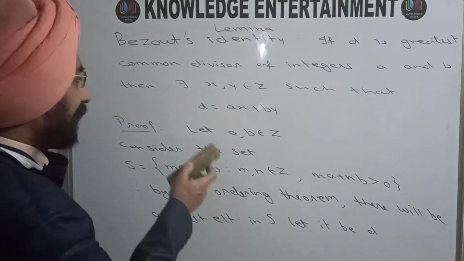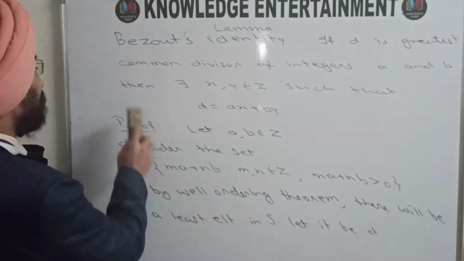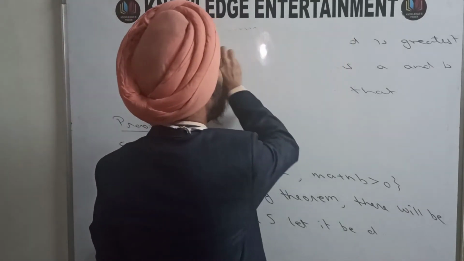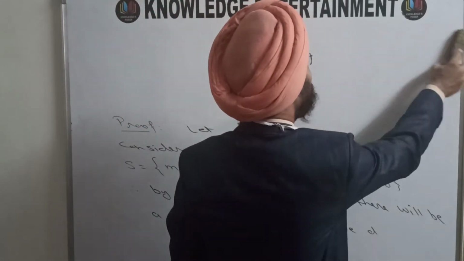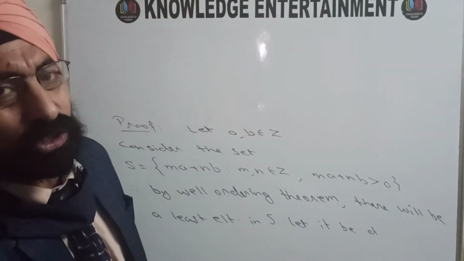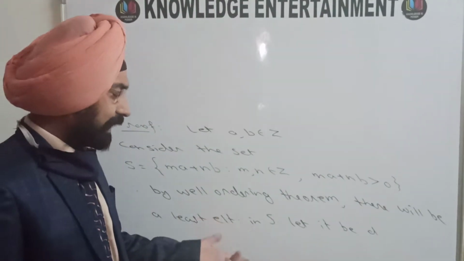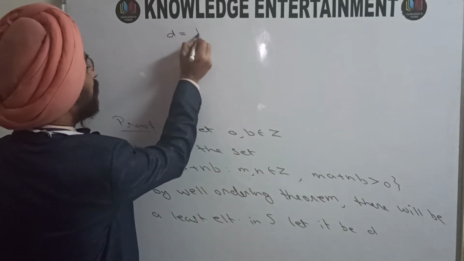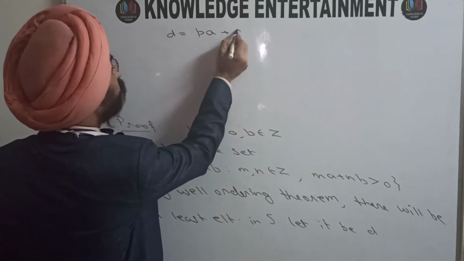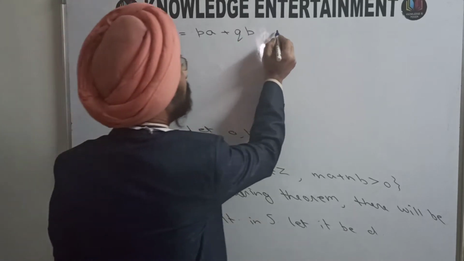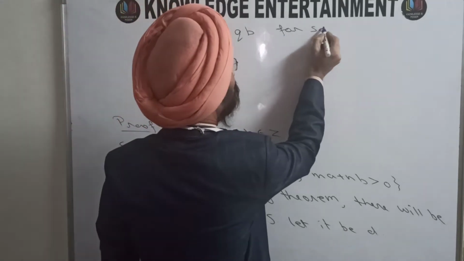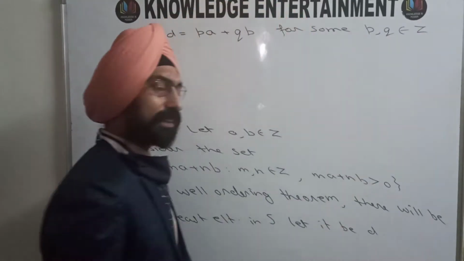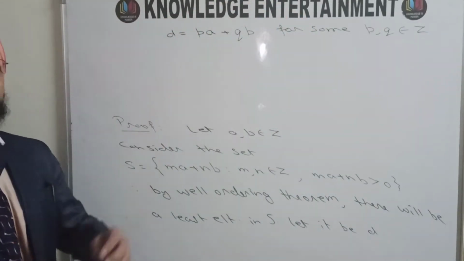D is the least element of this set. So D is also a linear combination of A and B, because the set S contains only the linear combinations of A and B, and D is a member of S. So D must also be of the type pa plus qb for some p and q belonging to the set of integers. Definitely it will be like this.